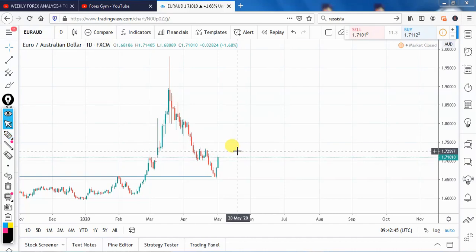As I mentioned, entry is at 172.70, and as far as the stop loss goes, we're going to position ourselves 70 to 70, so we're looking at about a 130 pip stop loss on this one. We're going to leave our stop loss at 171.50 zone, below this zone, roughly down to this level.